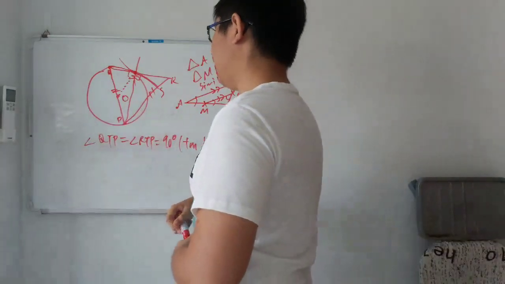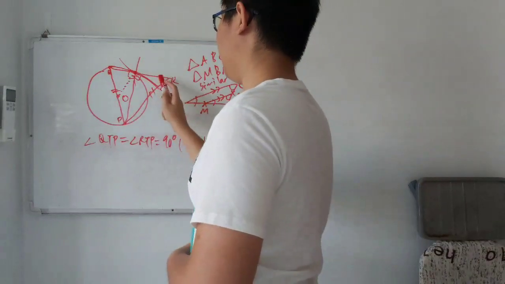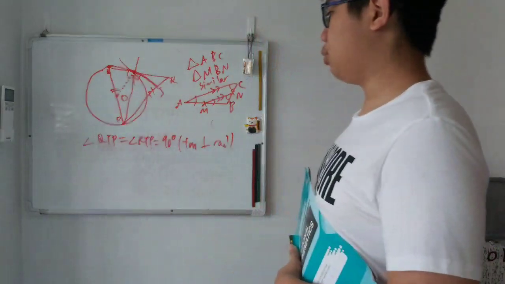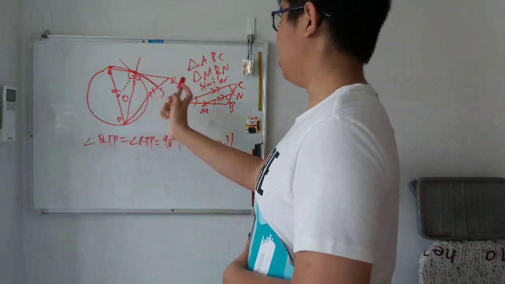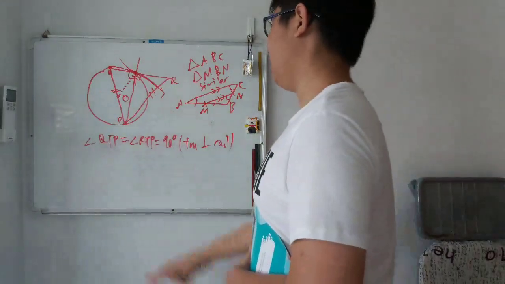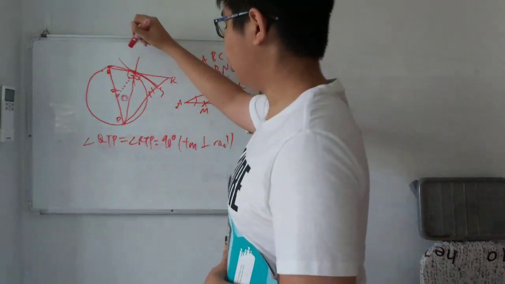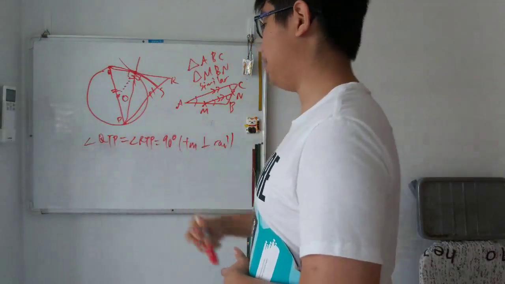This line is a perpendicular bisector because this angle and this angle are equal, and this side and this side are equal. So we have already proven that QTP and RTP are congruent. So we know this perpendicular bisector, we know that QT equals TR, so T is a midpoint.